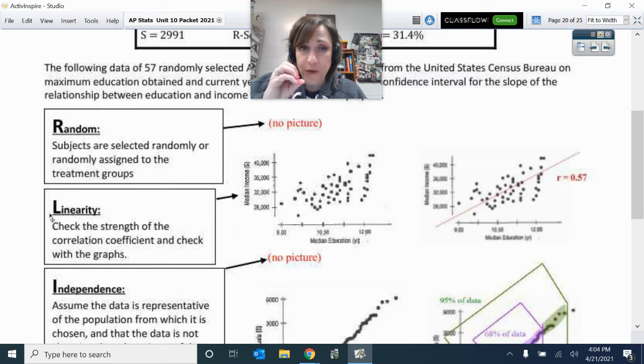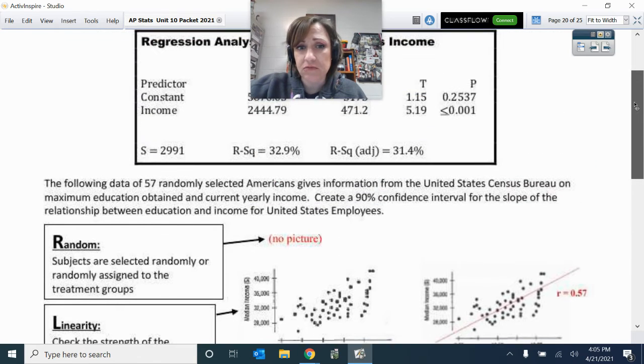Linearity. L for the R-line is linearity. So we are checking to see that the general shape of the data, it's just a rough estimate, is linear and that there's a correlation coefficient that's somewhat moderately strong.